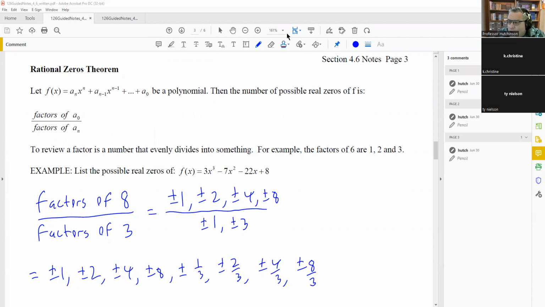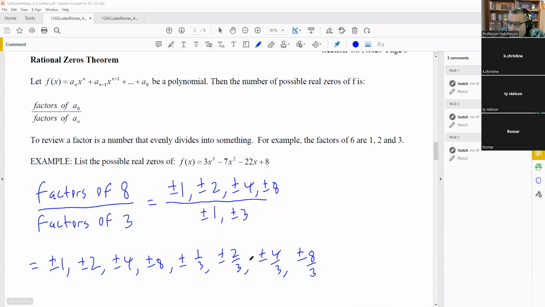It's only for places where it crosses at a fraction. The rational zeros theorem gives you a potential list of all these numbers that we see here, the one that we did last time. We're doing factors of 8 divided by factors of 3. We listed those out, and then we have to write them as a list.